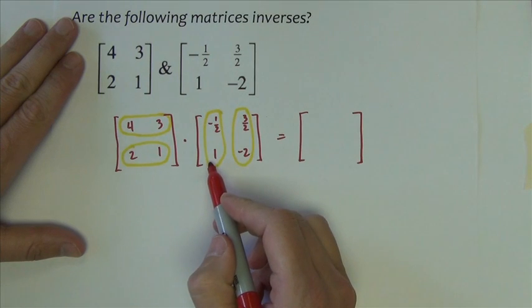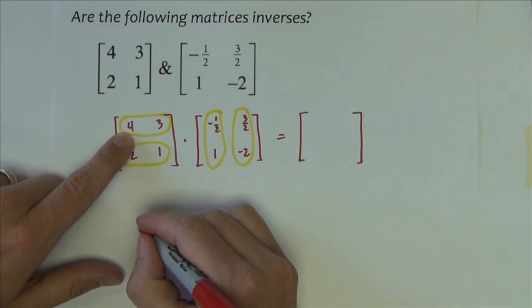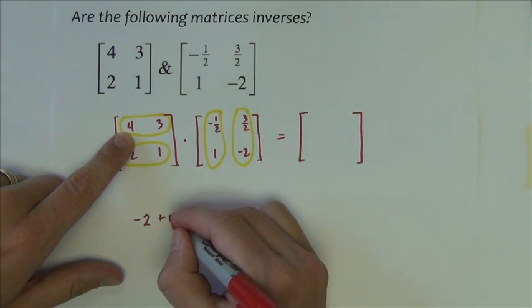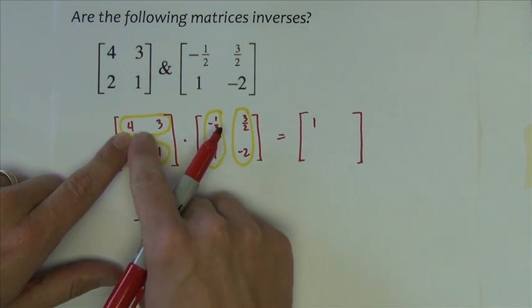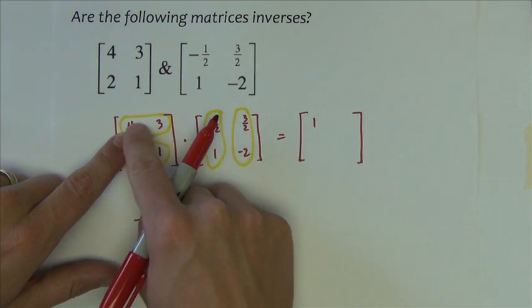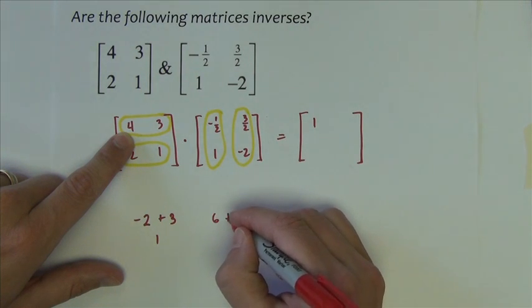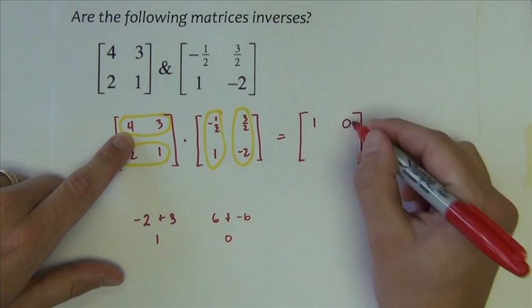First row times first column: 4 times negative half is negative 2, plus 3 times 1 is 3, that's 1. So we're good so far. First row times second column: 4 times 3 halves is 6, plus 3 times negative 2 is negative 6. That's 0, so we're still good.